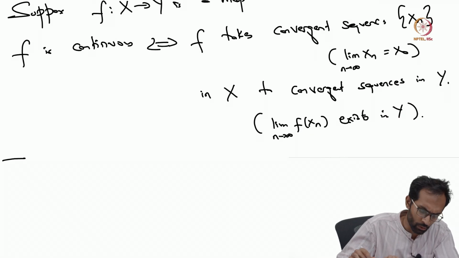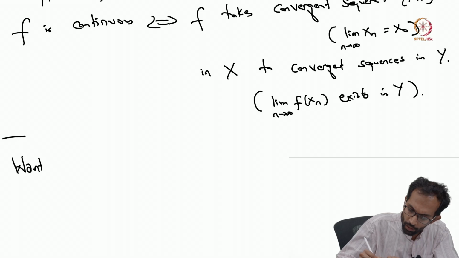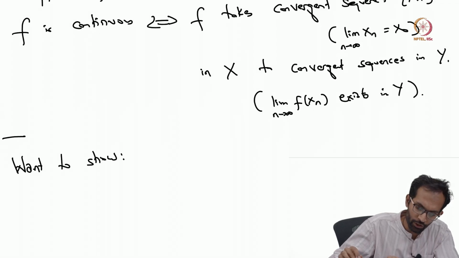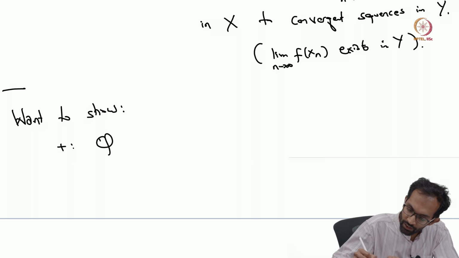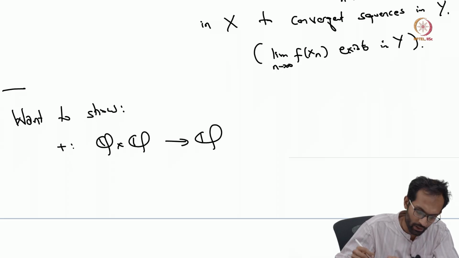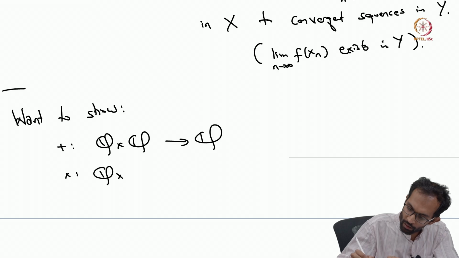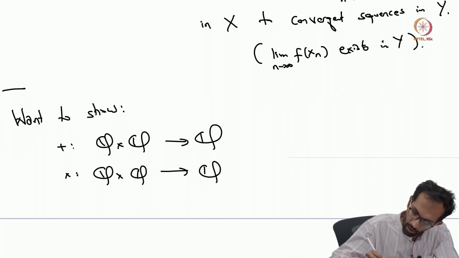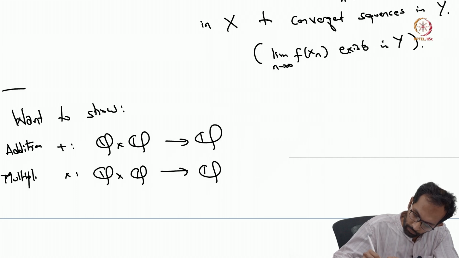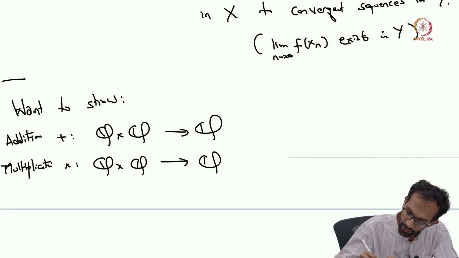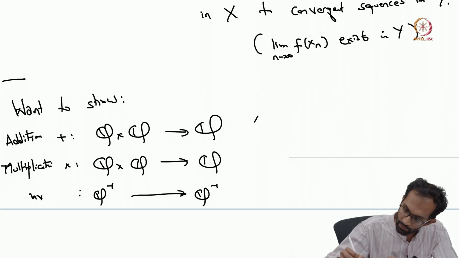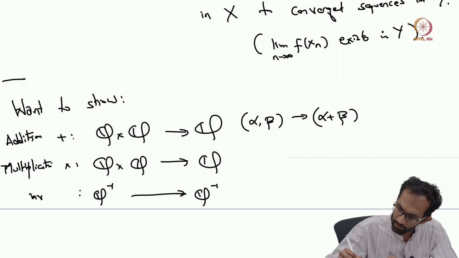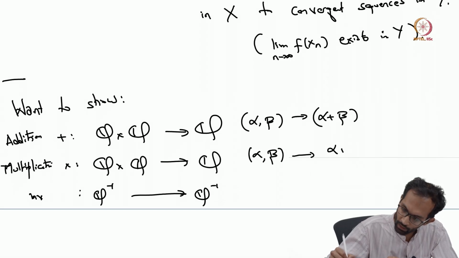Okay. And so what do we want to show? So we want to show, okay, so we have this addition function, you have this multiplication function, and you also have the inversion function. So if you have alpha comma beta, that goes to alpha plus beta. You have alpha comma beta, that goes to alpha beta.